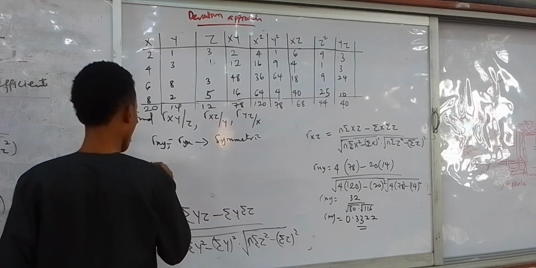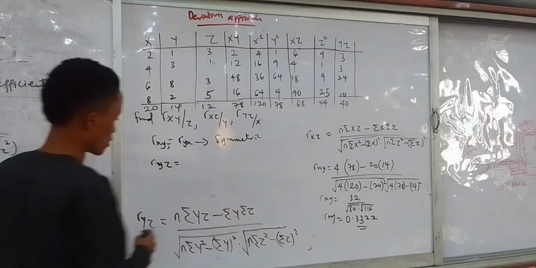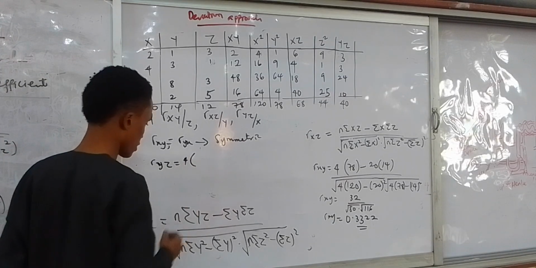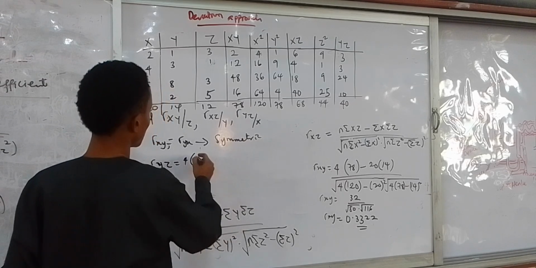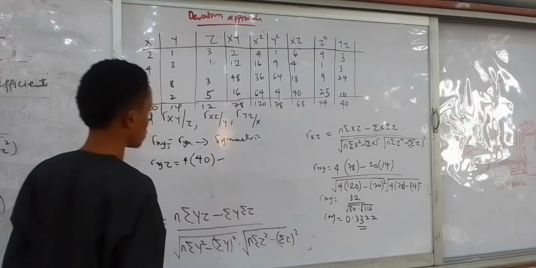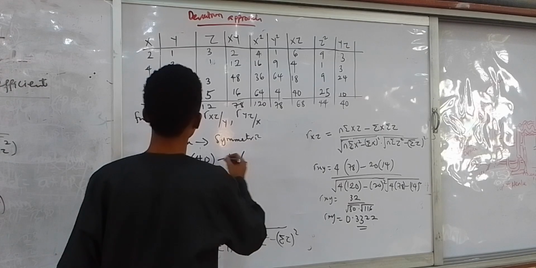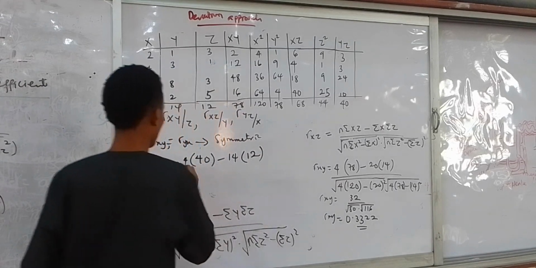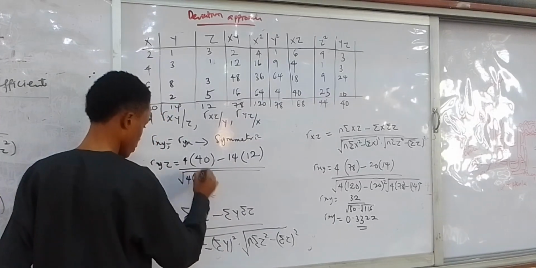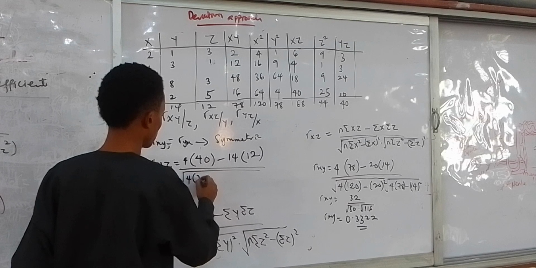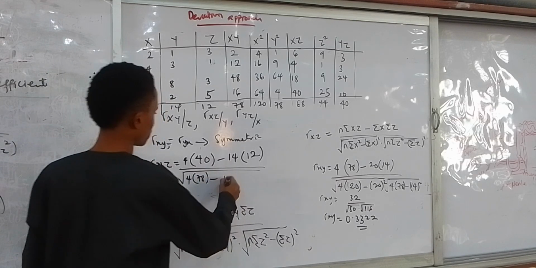Let's see for ryz. ryz is n, 4 into brackets summation yz, that's 40, minus summation y, there is 14, and summation z, that's 12, over square root of 4 into bracket summation y squared, 78, minus summation y, that's 14, raised to power 2.